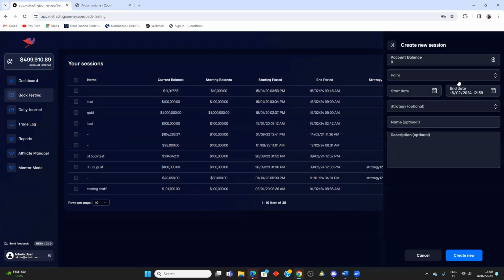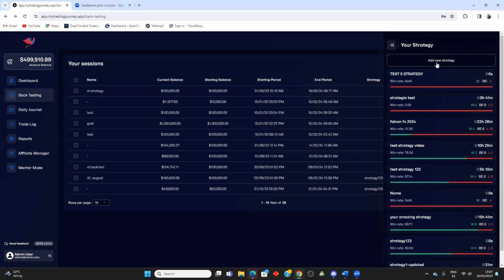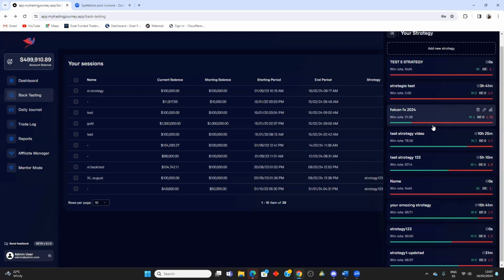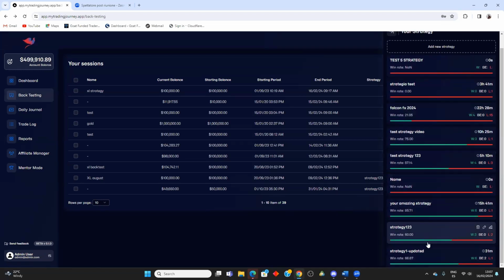Now let's start. New session. First of all, you can add new strategies here if you want to test different strategies. And here you can also see the statistics of your strategy. So instead of seeing the statistics of the singular backtest session, you are going to be able to see the statistics of the single strategy.